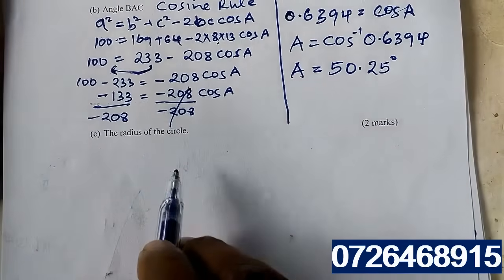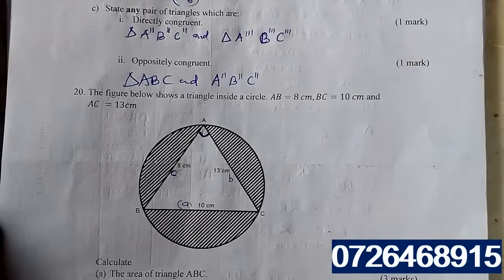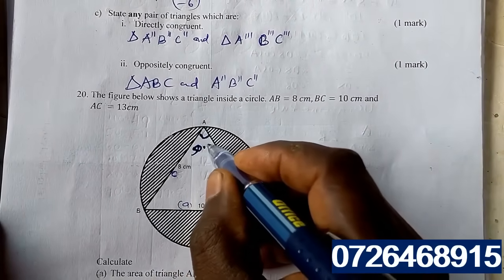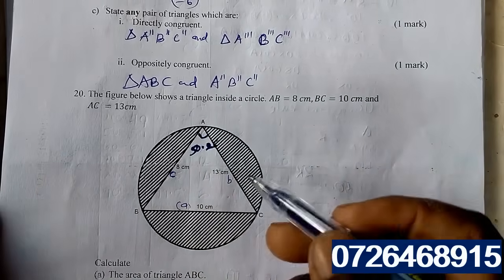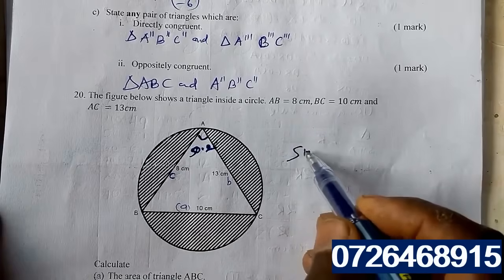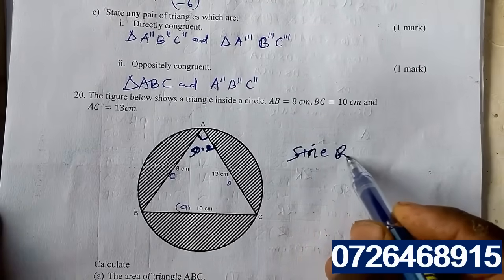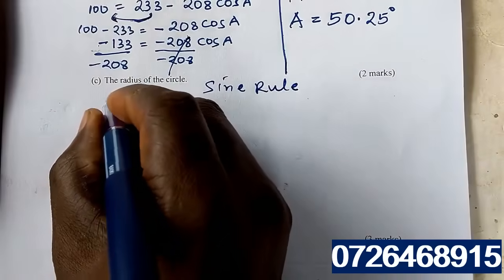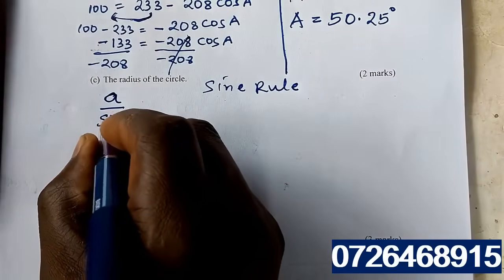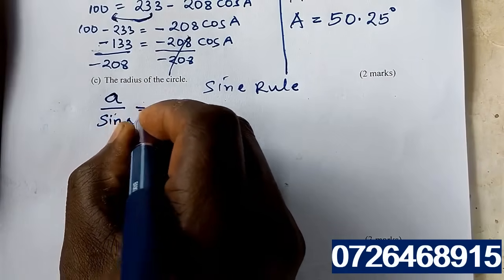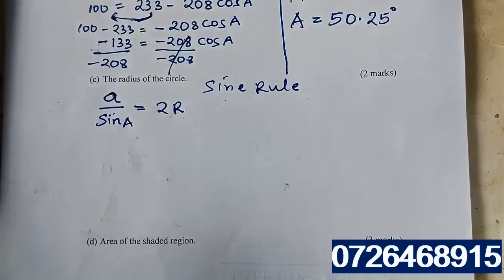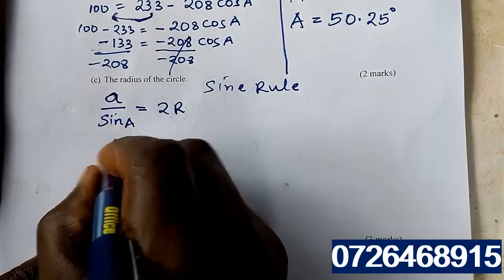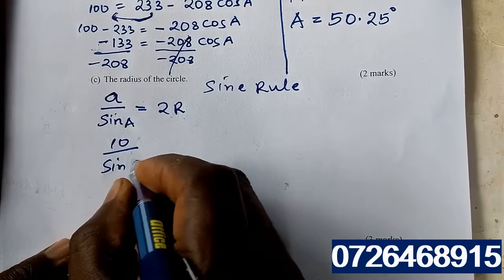The radius of the circle. So we want to get the radius of this circle. To get the radius now, we have got angle A as 50.25. So we are now going to use the sine rule. We know that A, according to the sine rule, divided by sine A will be equal to 2r, to radius. Our A is 10, sine A is sine 50.25.